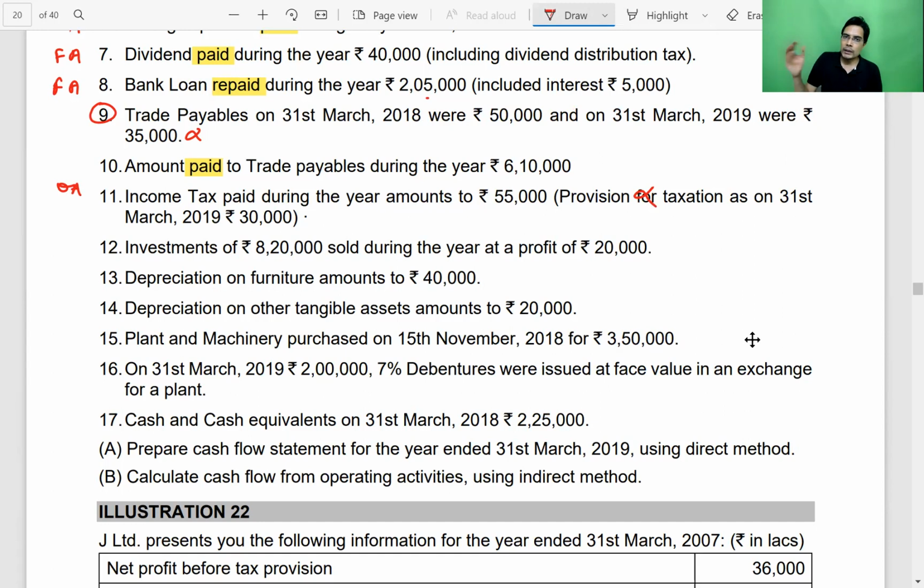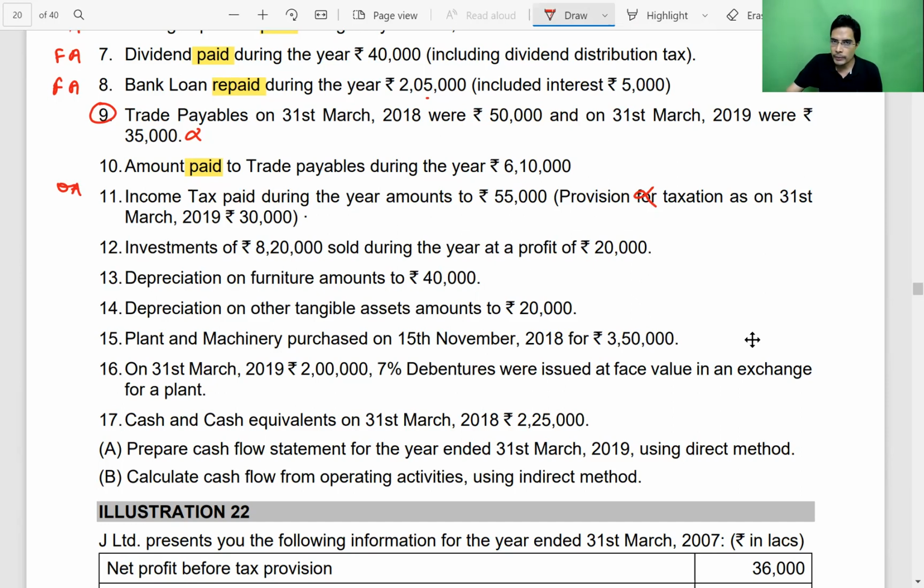So it's quite simple under direct method. All we have to do is add whatever money we have received from transactions which fall under operating activity, like cash sales and collection from debtors, and deduct all the payments made for items classified under operating activity, like payment to creditors, wages, selling and distribution expenses paid.